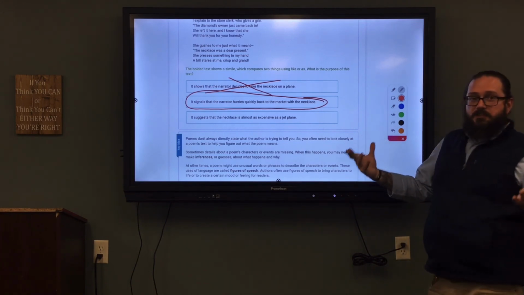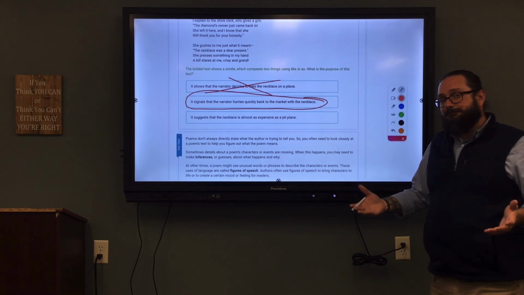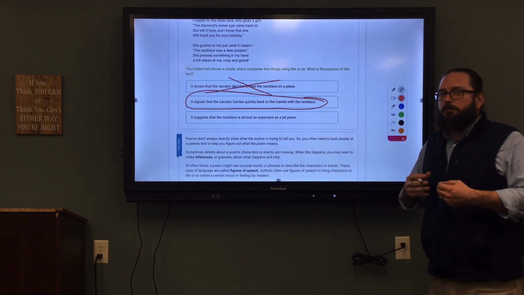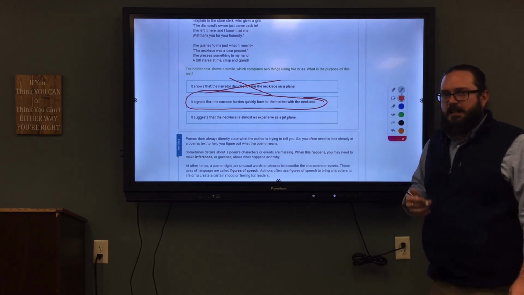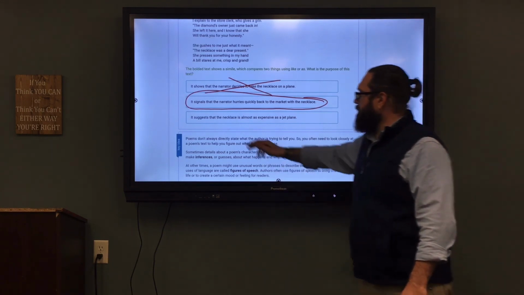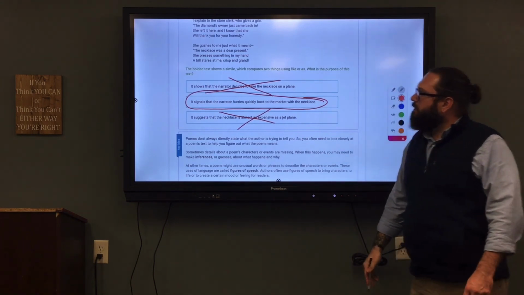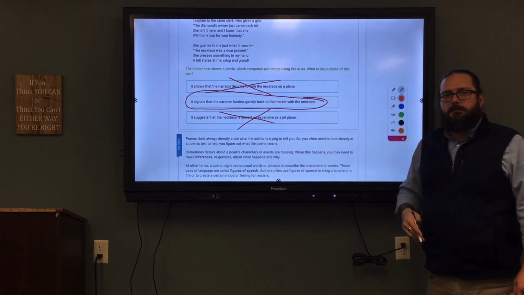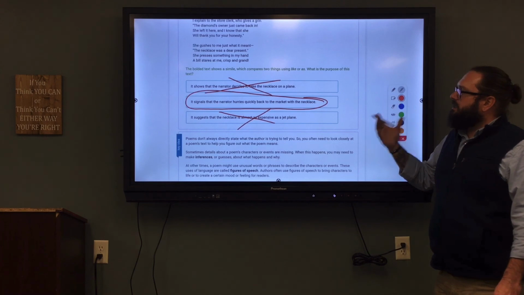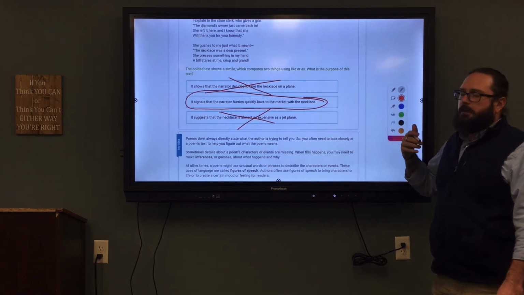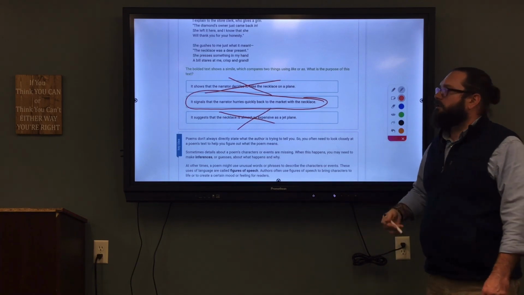Could the diamond be just as expensive as a jet plane? Maybe, but nothing in this text will really indicate that that is the case. So we can rule out the last option as well. So the bolded text is a simile that signals to us that the narrator is hurrying quickly back into the market with the necklace.